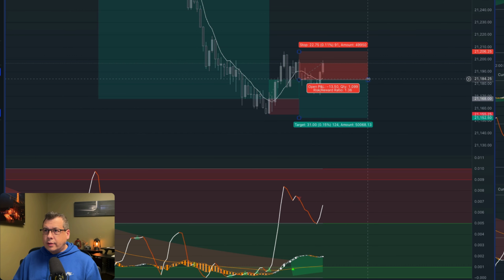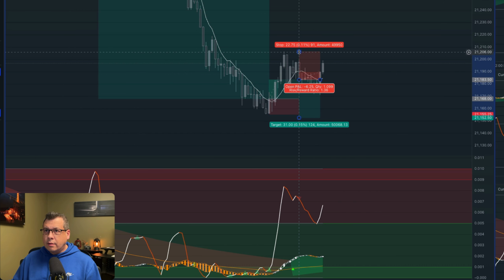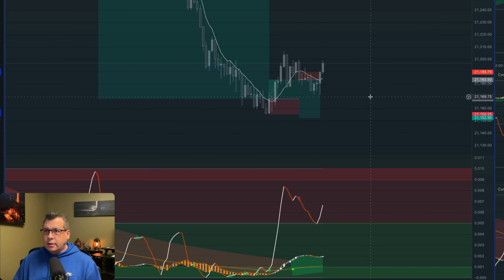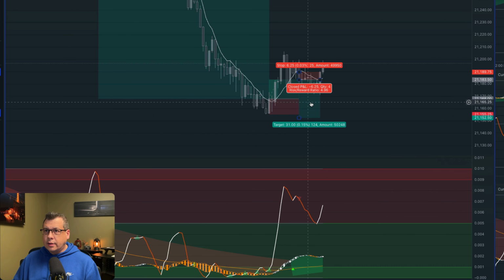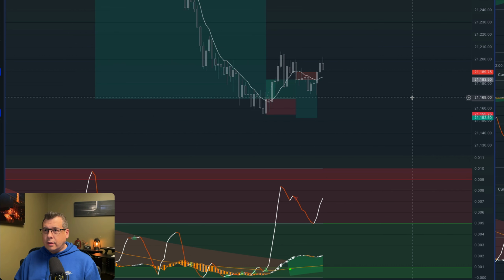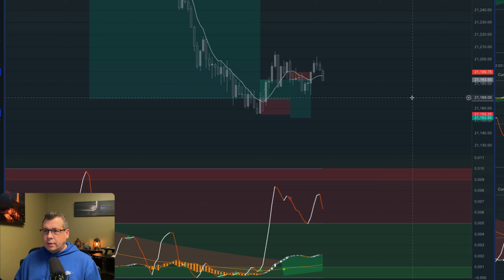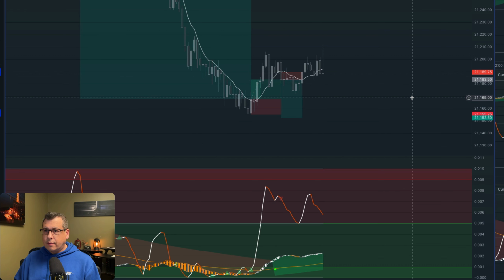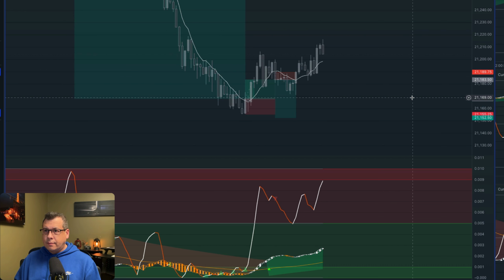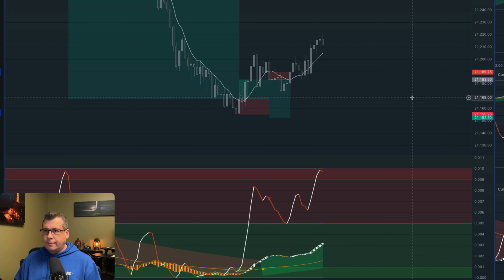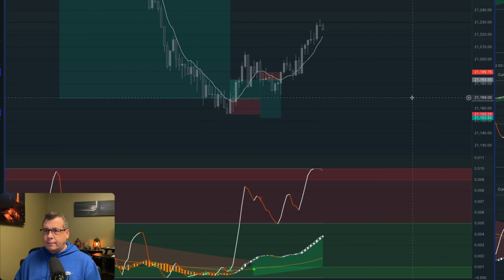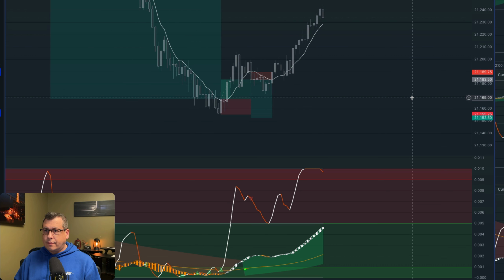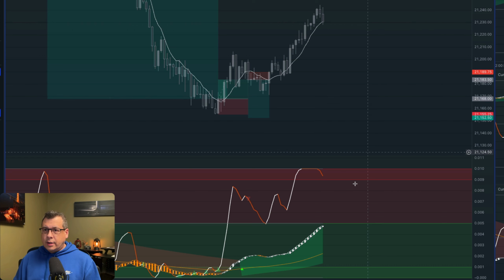And we would have exited right here for a small loss because it ticked up against us while we were underwater. So I'm still looking for a long entry. We did get a higher low right here.